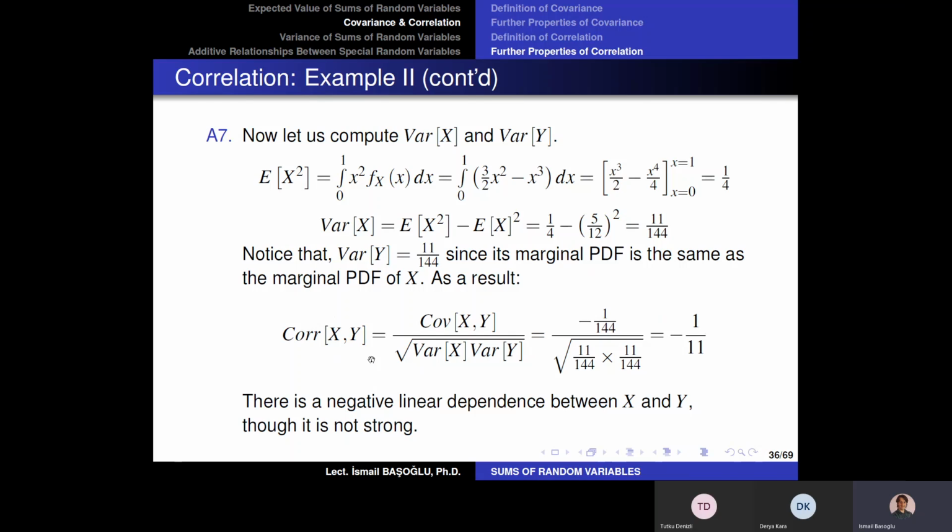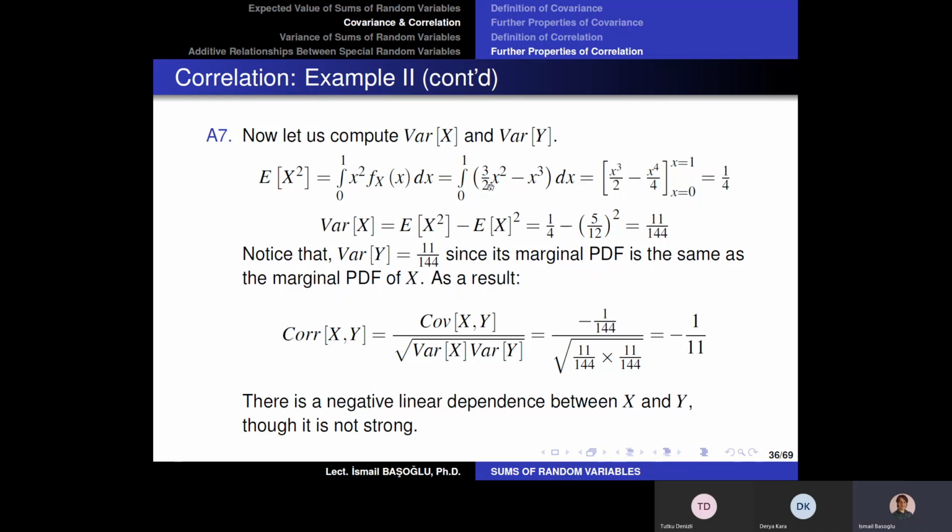I need to calculate the correlation, and the correlation requires the computation of the variances, marginal variances of these random variables. Now, in order to compute the variance, again, I need the expected value of x squared. The expected value of x squared is x squared times the marginal PDF of x integrated through the whole possible values of x, which is from 0 to 1.